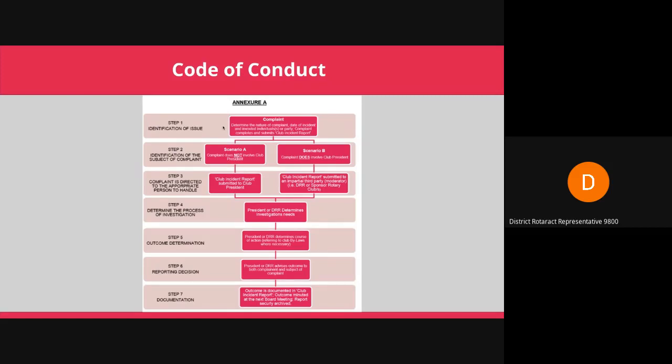So it really depends on the situation. Then the incident report gets assessed, and then an outcome is made after that. So essentially, for all complaints, a club incident report will need to be filled out and sent back to either the club president or the district Rotaract representative to assess the claim and minute all the outcomes.